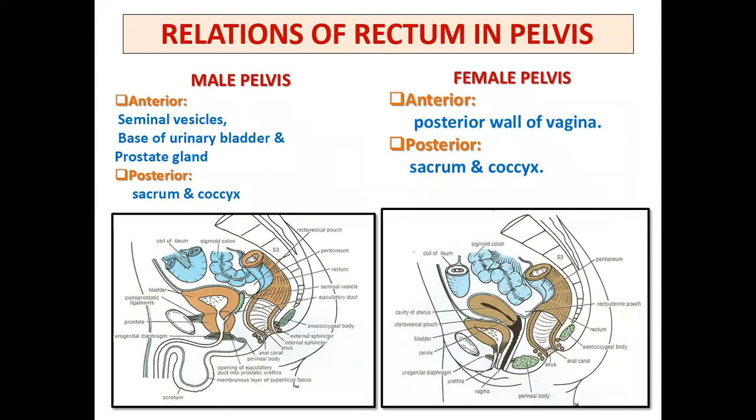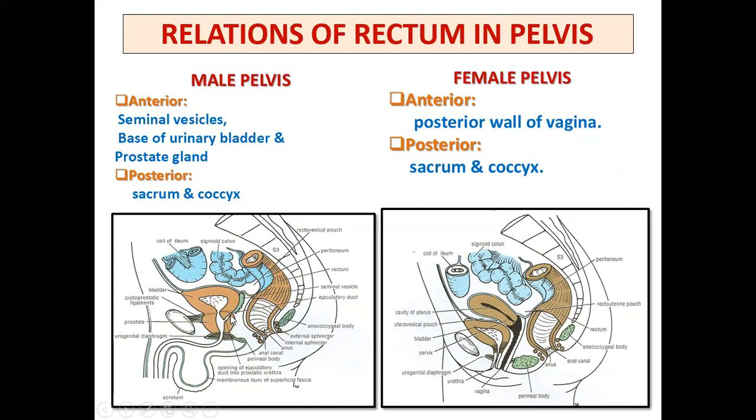Some important relations differ in male and female. In the male, the anterior relations of the rectum: you can see the seminal vesicles, urinary bladder, and below, the prostate.